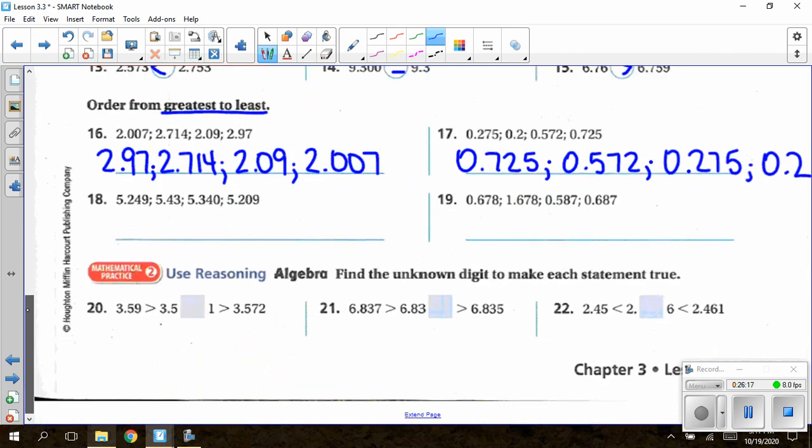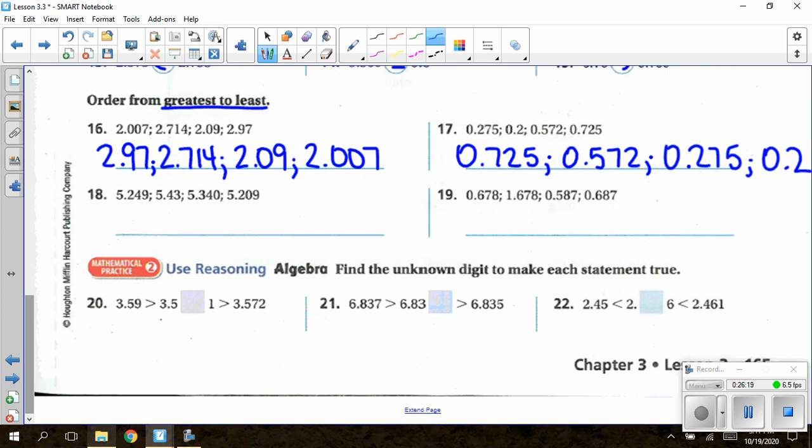Number 18, my largest decimal after lining them up is my 5 and 43 hundredths. Next, I would have my 5 and 340 thousandths. Thirdly, I would have my 5 and 249 thousandths. And last, I would have my 5 and 209 thousandths.